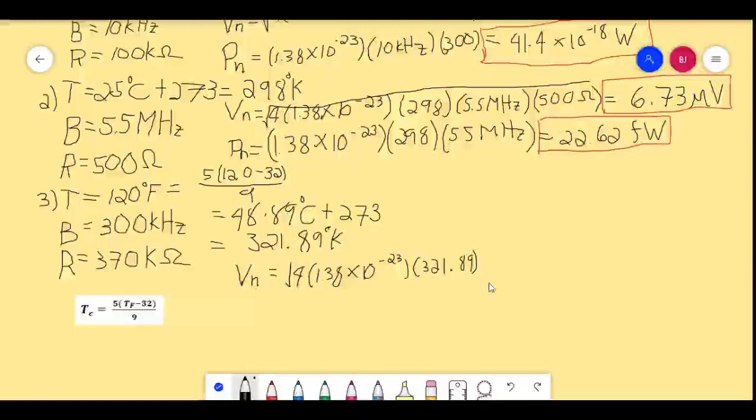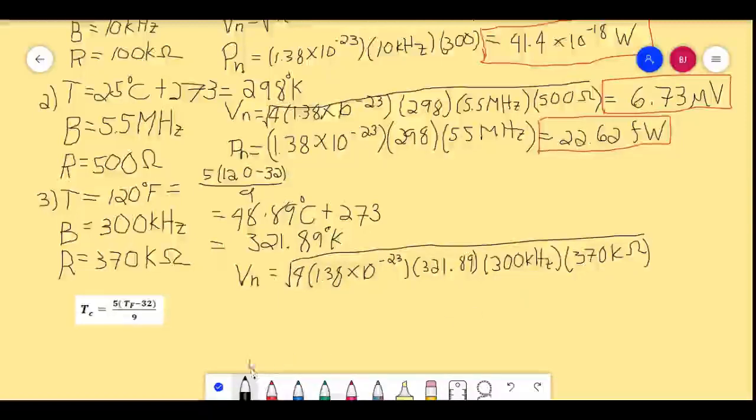Okay. Now, next, we have T already, then we need the bandwidth, 300 kilohertz. And then the resistance, which is 370 ohms. So the square root of this.